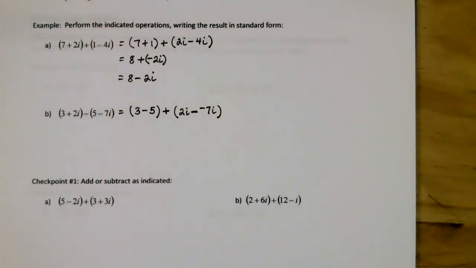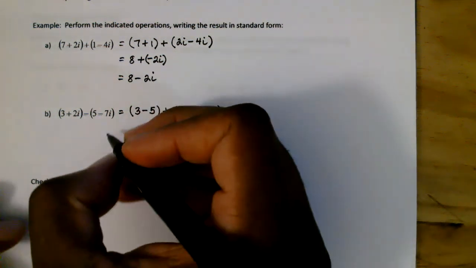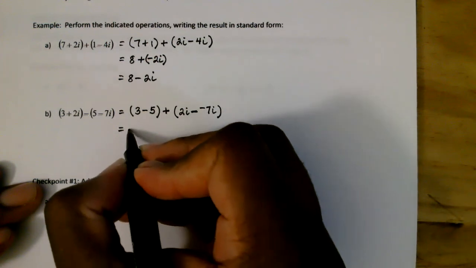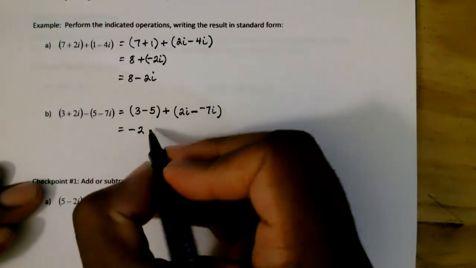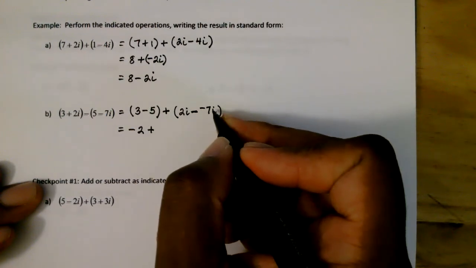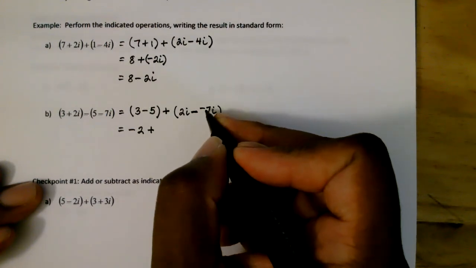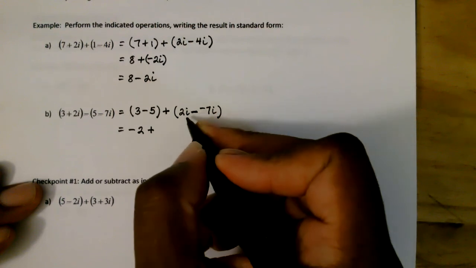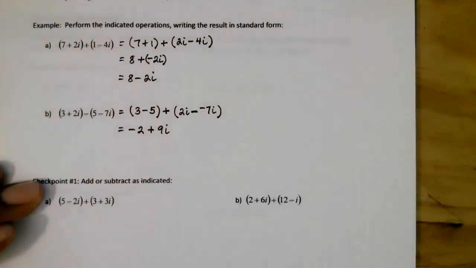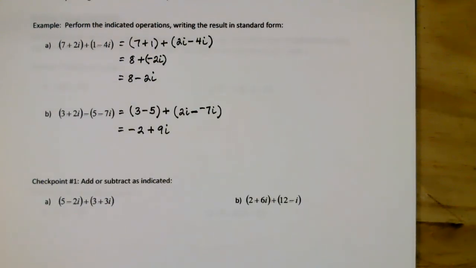If I do 3 minus 5, that's negative 2, plus 2i minus negative 7i. Keep in mind, when I subtract the negative, that's the same as adding the positive. So this is like 2i plus 7i, which is going to end up being 9i.